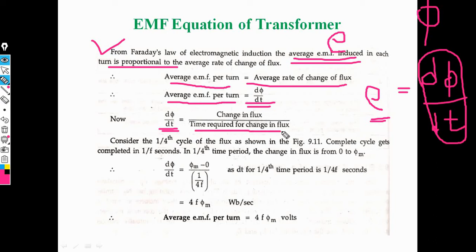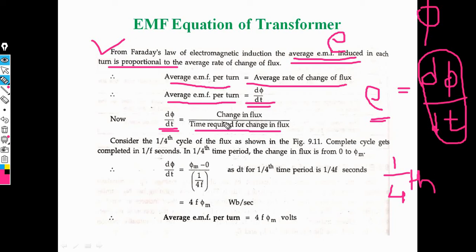Now we have considered half of the half cycle, that is a quarter cycle, which is also the same as the next quarter cycle. It is present in the positive half cycle, and the total positive half cycle is the same as the negative half cycle.